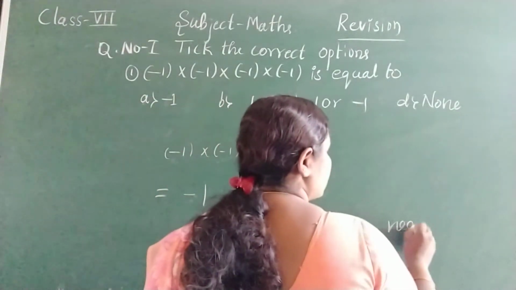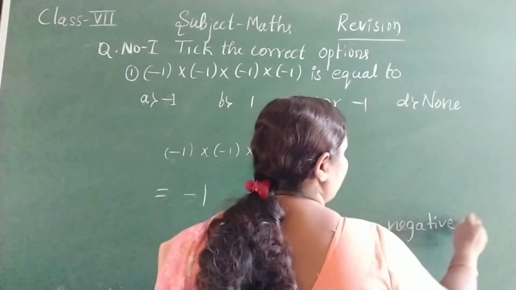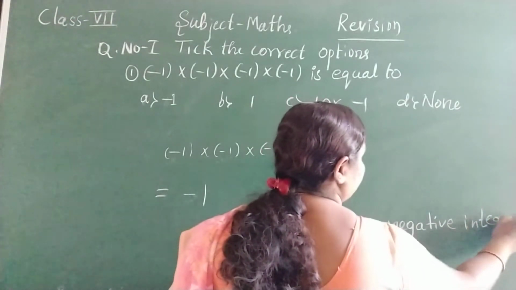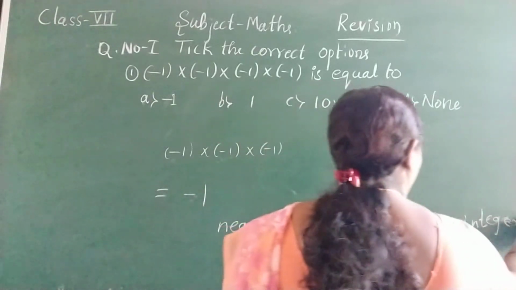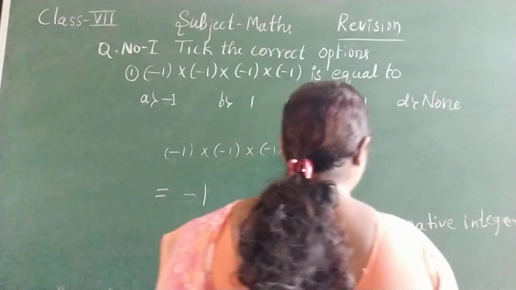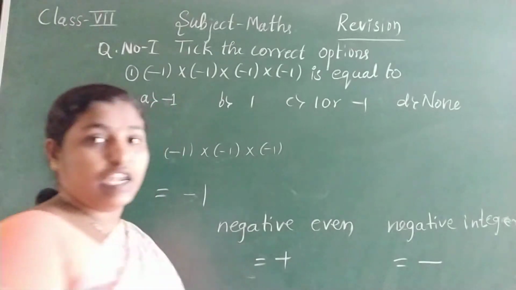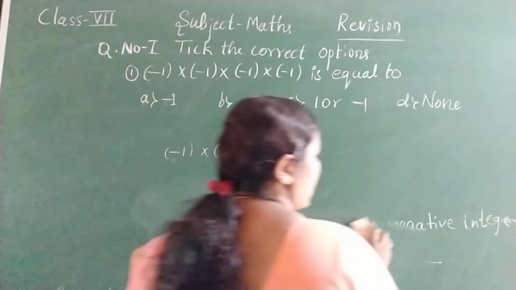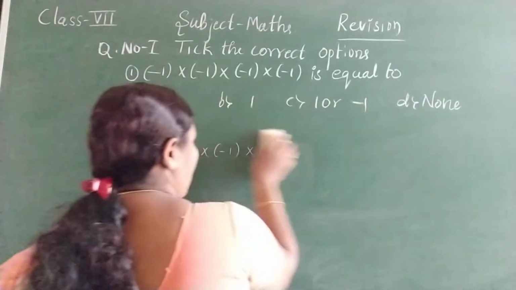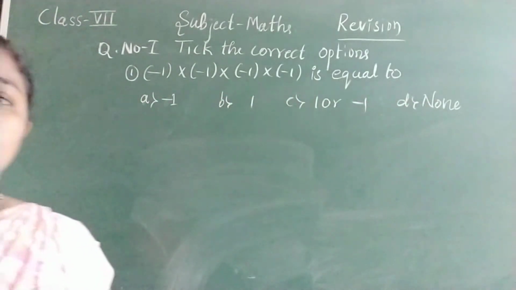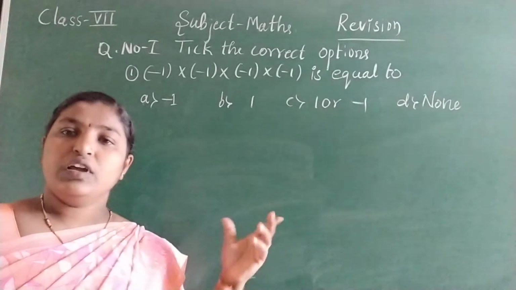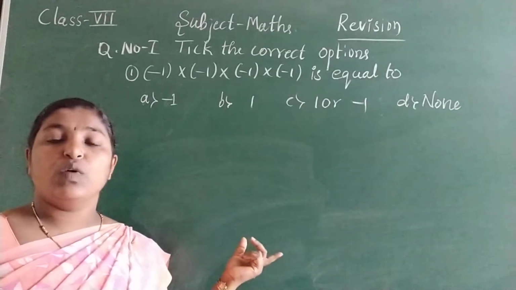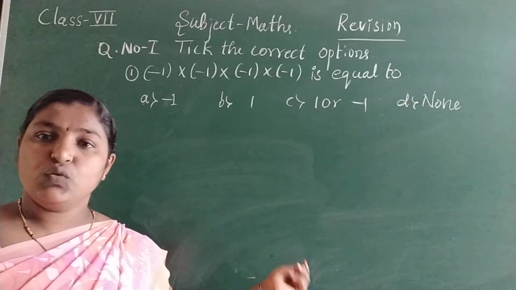Negative integers in odd numbers, your product will be negative. Okay, keep that in your mind. If the negative numbers are in odd, you will get the negative product. If the negative integers are in even numbers, you will get the positive product.